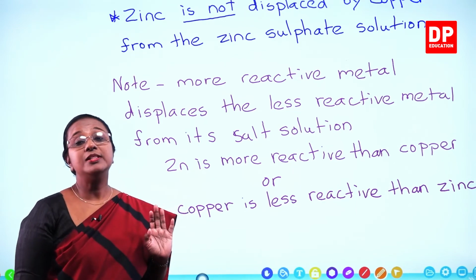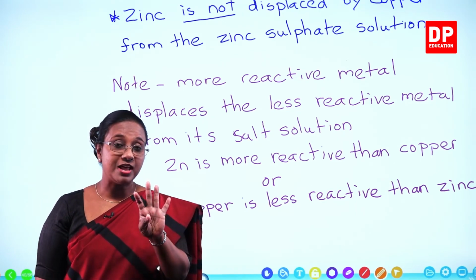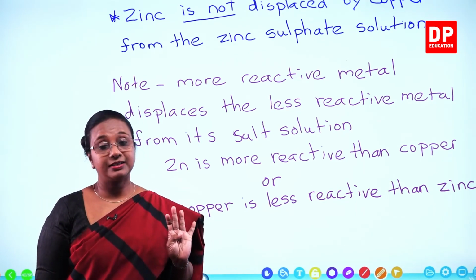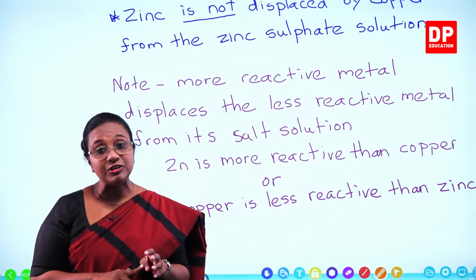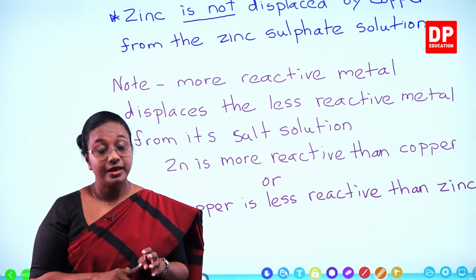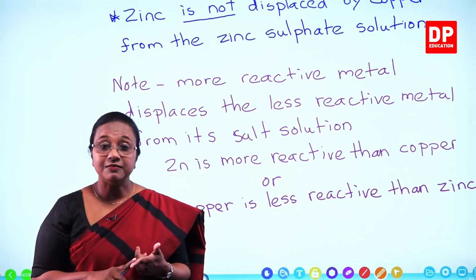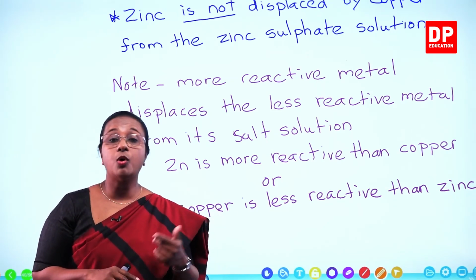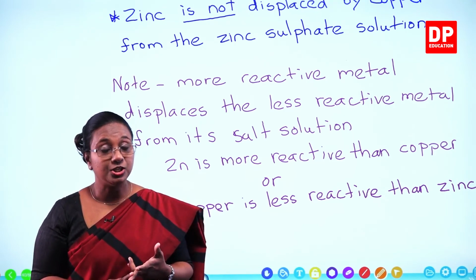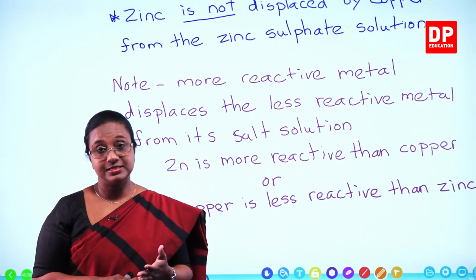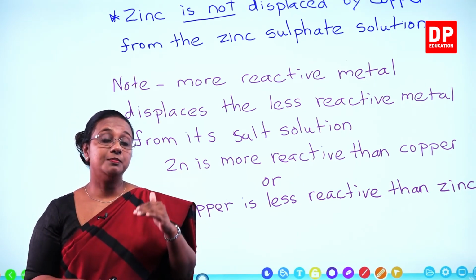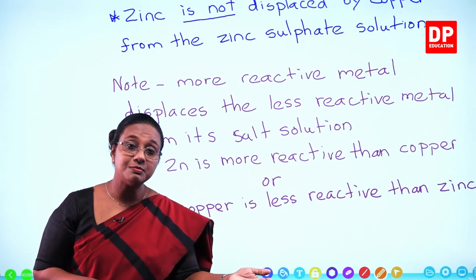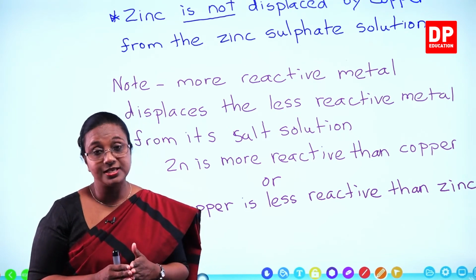So, from all these observations, now we have done 4 sets of activities. We compared the reactivity of metals with air, then the reactivity of metals with water, then the reactivity of metals with acids. And now we tried to observe how a metal displaces another metal from its salt solution.